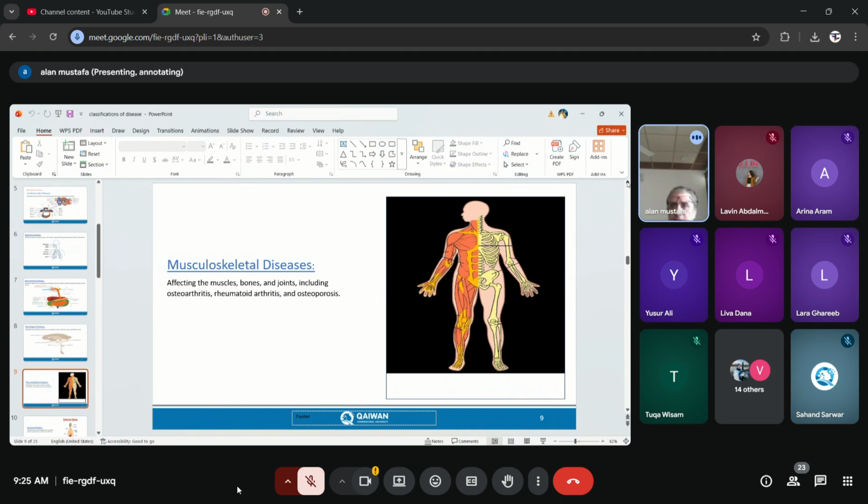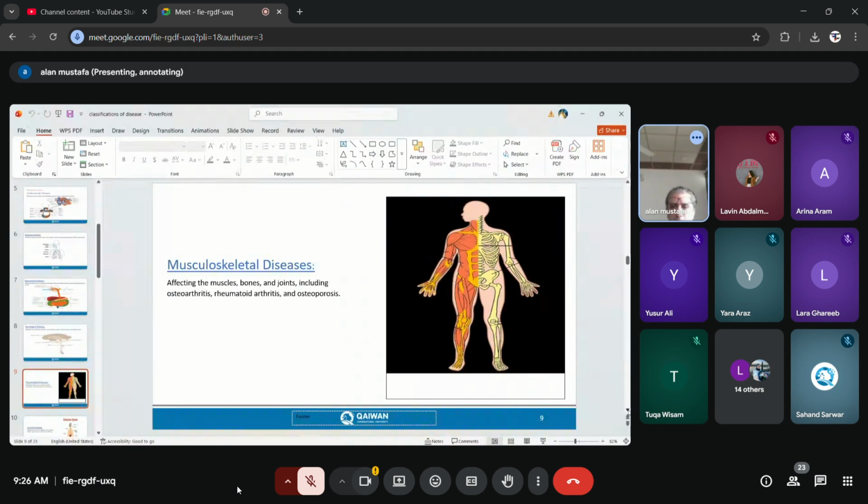Osteoporosis is a very common disease, especially in females after the age of 45 to 50. What is osteoporosis? Who knows? Yes, correct.